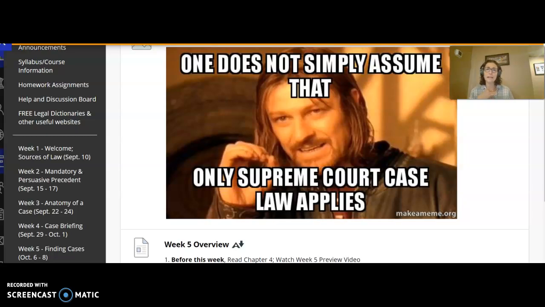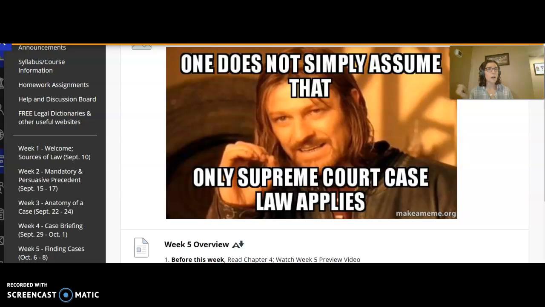Something we need to keep in mind when we begin learning how to locate court cases is that the system for finding court cases was developed long before the internet, like decades before the internet. And attorneys and paralegals and practitioners and judges relied upon an organizational system in the law library.